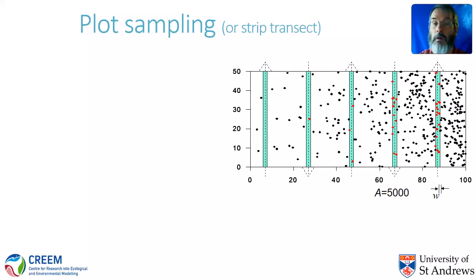Notice I've drawn exactly the same study area, same dimensions. I've even used the same population of animals, the same number of black dots, distributed in the same manner. Now, the methodology used in the field is to not count every animal in the population, but rather go to some subsets of the study area and perform our counting there.